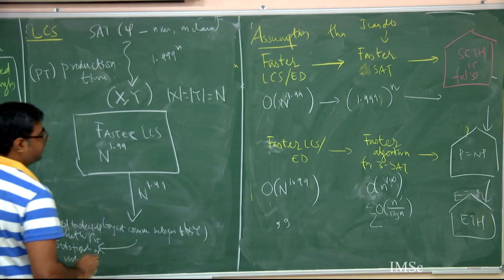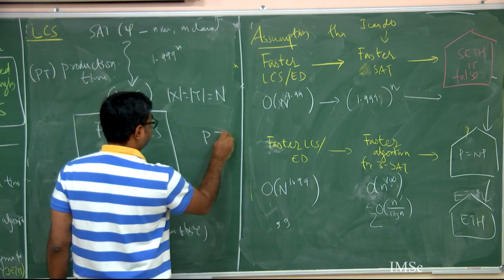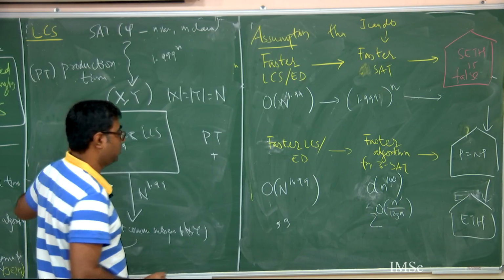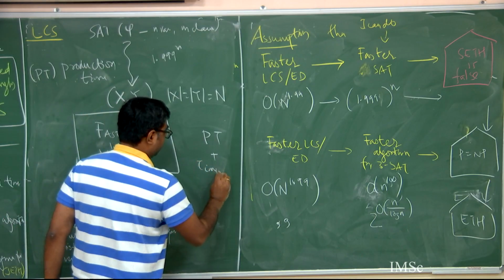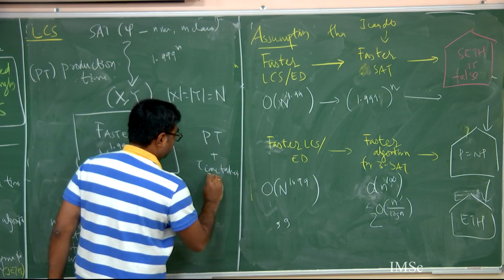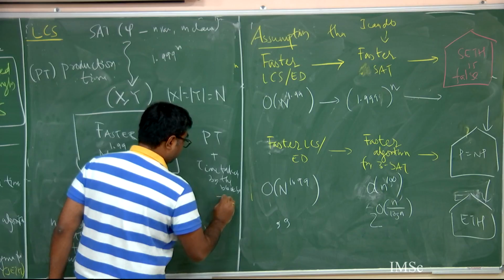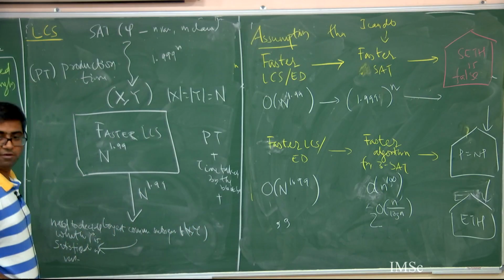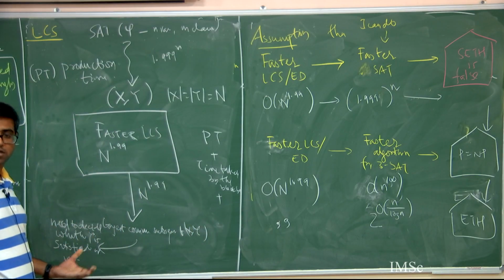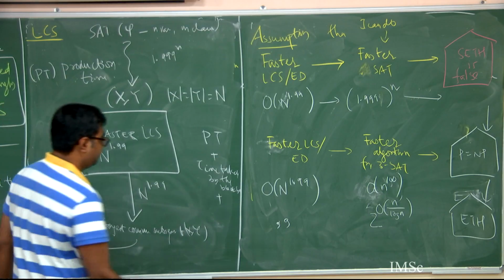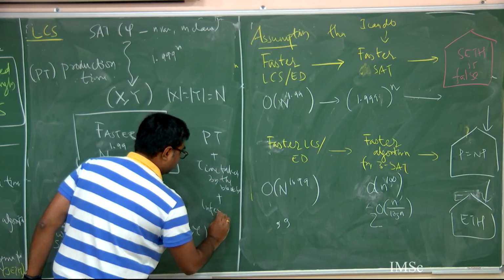Okay, so the total running time is going to be production time plus time taken by the black box, plus inferring an answer by looking at the output, and that also takes some amount of time.